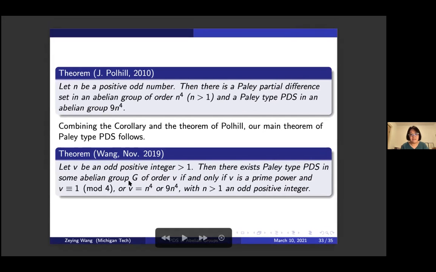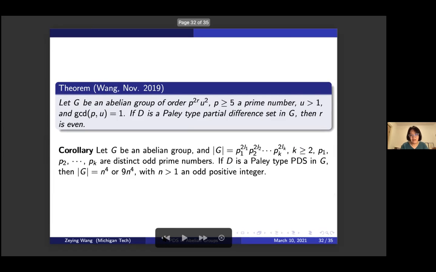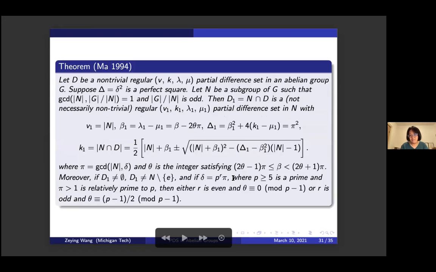So question 1 says, if v is an odd positive integer and there exists a Paley type PDS in some abelian group of order v, then either v is a prime power congruent to 1 modulo 4, or v equals n to the 4th or 9n to the 4th. And why 9n to the 4th? The math theorem will answer you, so there we require p bigger than or equal to 5.